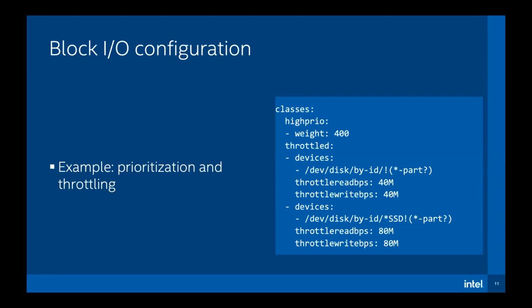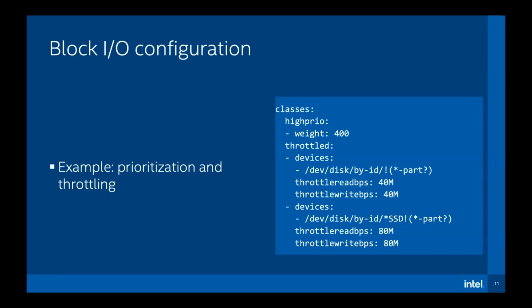So here are two examples where the high priority class sets an IO scheduler weight that is high above the normal default, which would be 100. And then there's a throttled class, which has two sets defined under it. The first one picks up all block devices that are not partitions, but whole devices, because you can't actually throttle partitions separately.